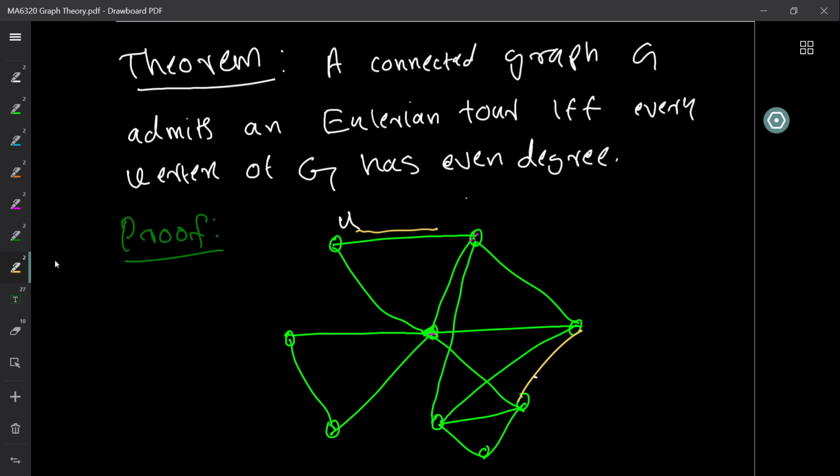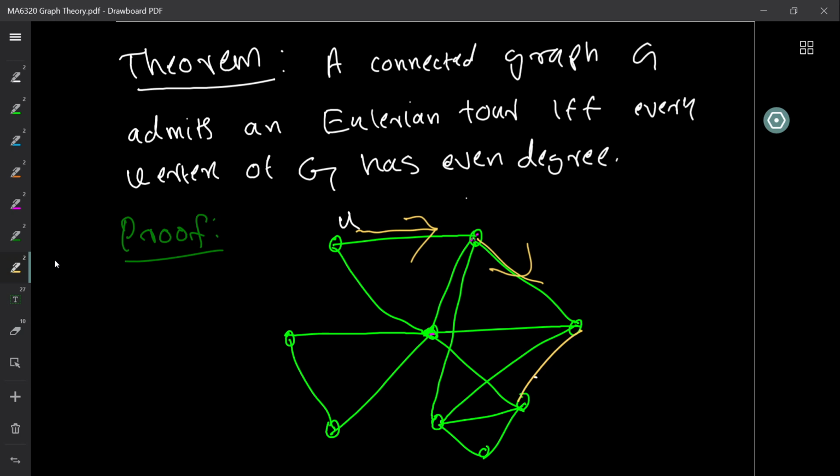Then I start from any vertex and take some edge. This edge is going to a vertex, and this vertex also has even degree. Once I reach this vertex, I will be able to go out of it, because it has even degree, so if I use one edge to come in, there is an edge to go out also.